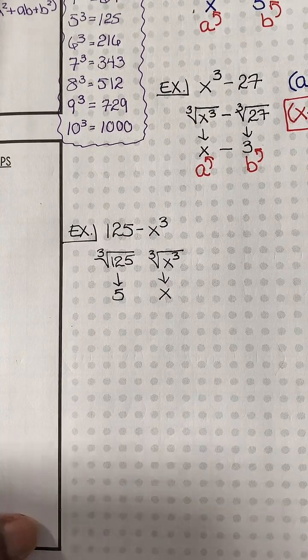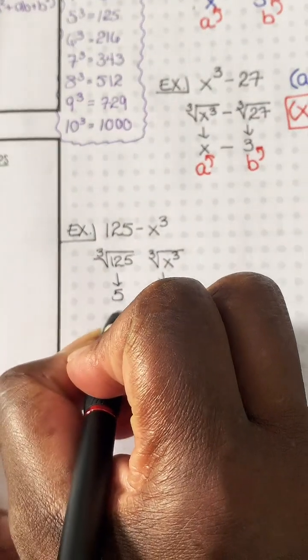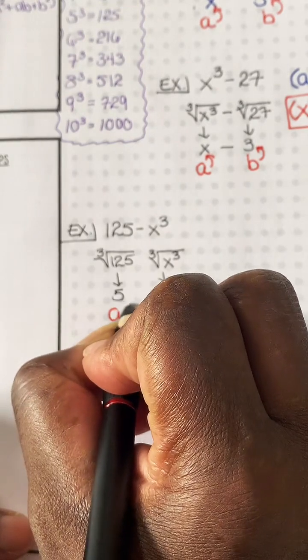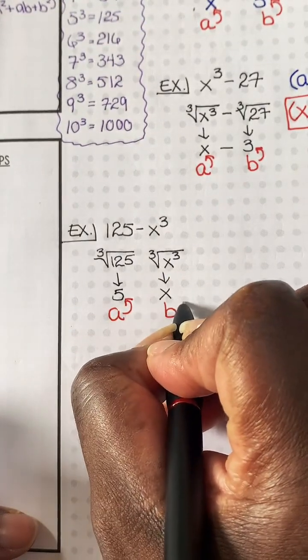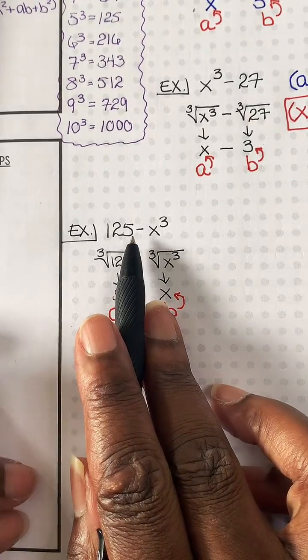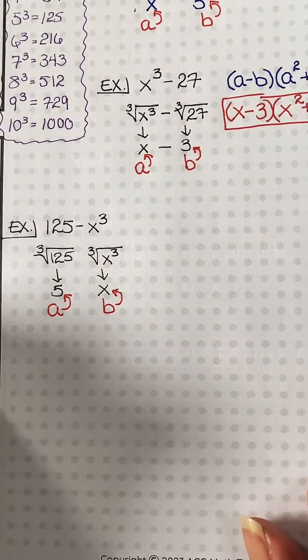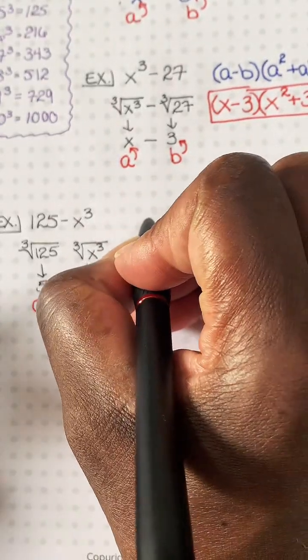All right, well, thank you. So this will be my A. This will be my B. And since we are subtracting, that means we're going to be using the difference of cubes.